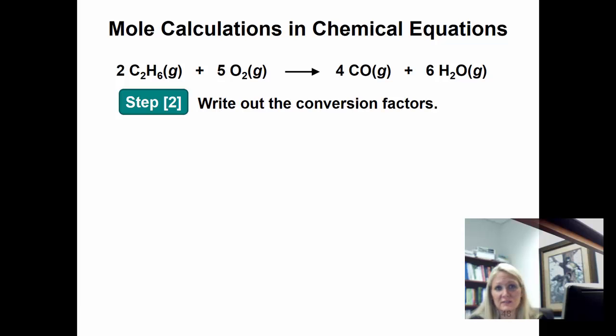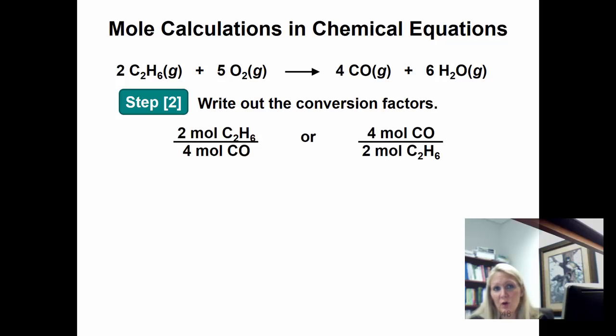So far this is the first time that our mole number has been anything other than 1. It can be 1, but it can also be 2, 4, 3, anything, because we're looking at our coefficients, whatever those are. We're relating C2H6 and CO because that's what the problem is asking us. So here's our conversion factor, our mole to mole ratio.